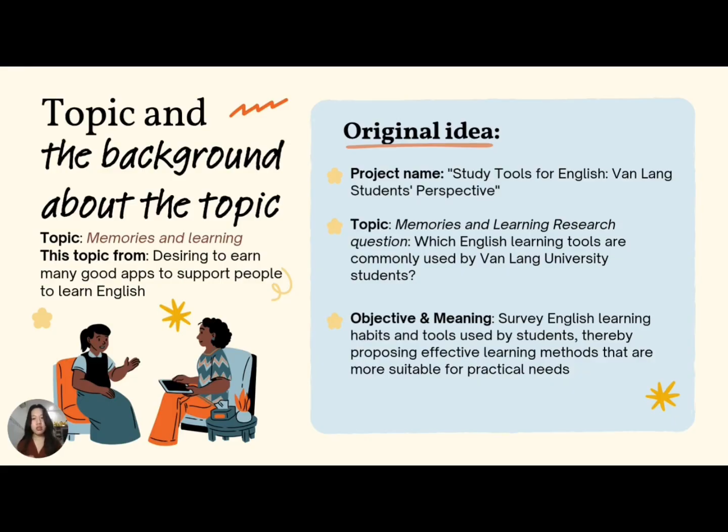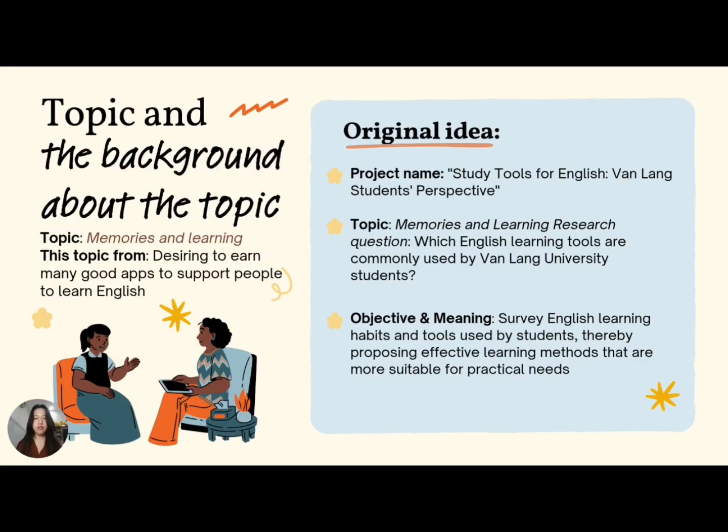As college students, we know how important English is, so that's why we became interested in exploring popular English learning tools and how students use them in real life. From this idea, we developed a project called Study Tools for English, Văn Lang Student Perspective.